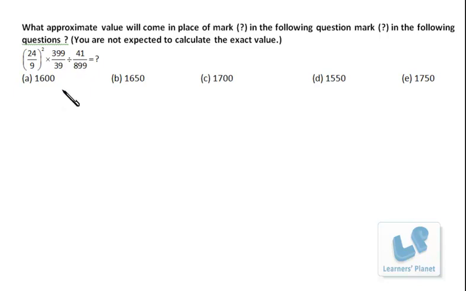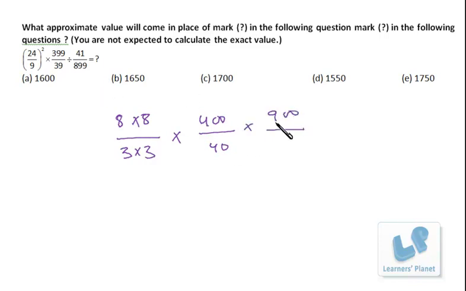So let's do it. 24 by 9, it is 3 8s are and 3 3s are, so it's 8 by 3 into 3, right? 399, I write it as 400 divided by, both of them are approximated to the higher side, 40 into 899, 941 to 40, right? So it's 0 0 0, 3 3s are 9, right?